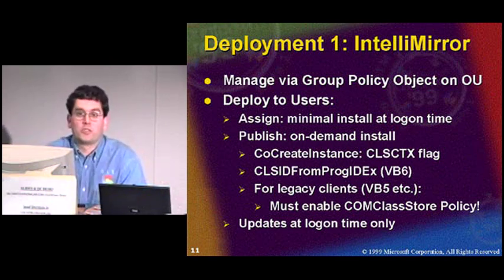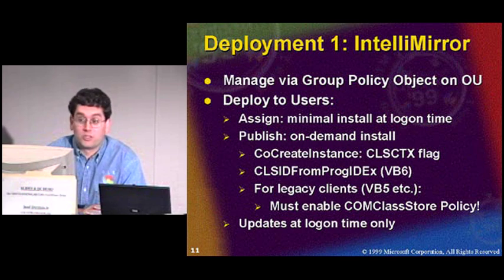Here we're going to use central management in the directory service by adding these applications and assigning them and publishing them to specific users in our domain. And we're going to use the group policy object that can be associated with an OU to do this.